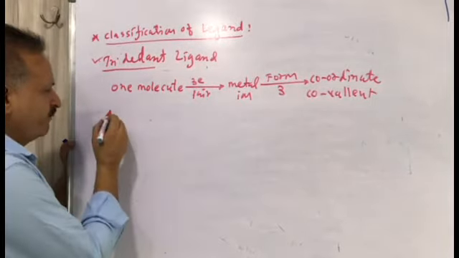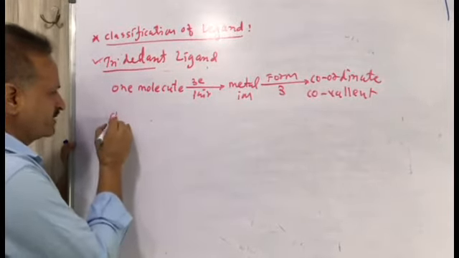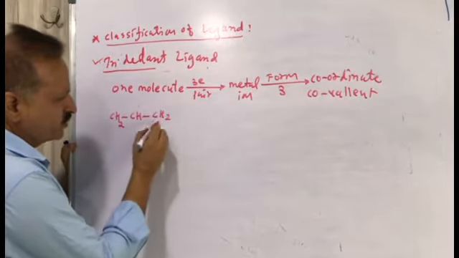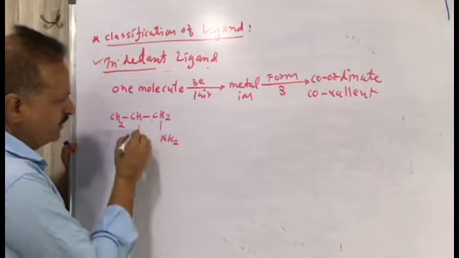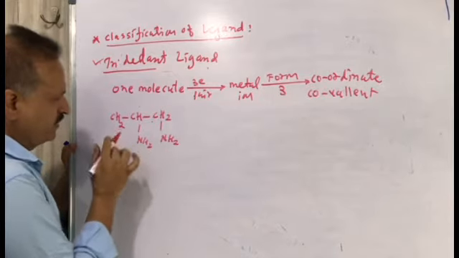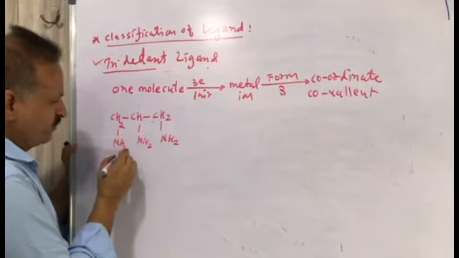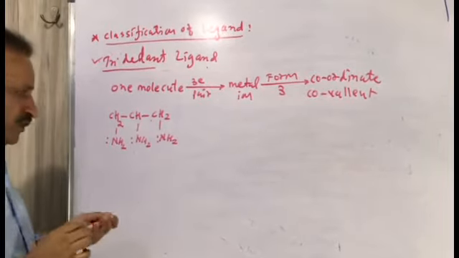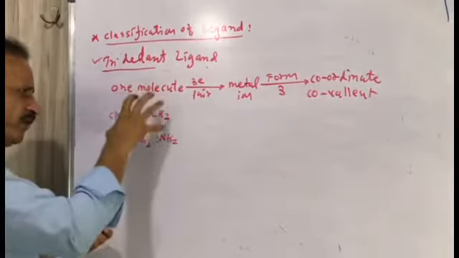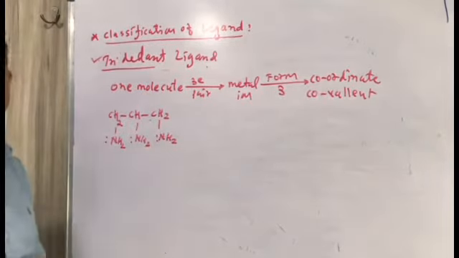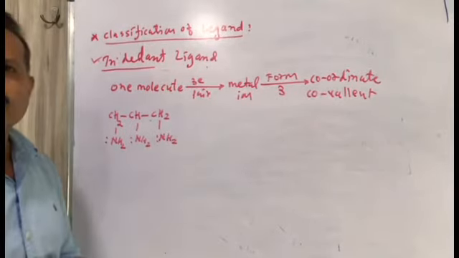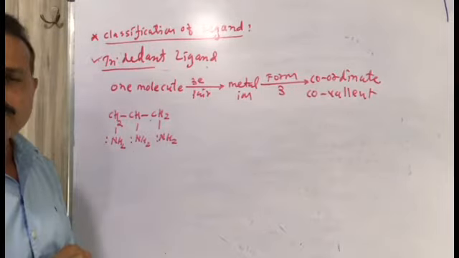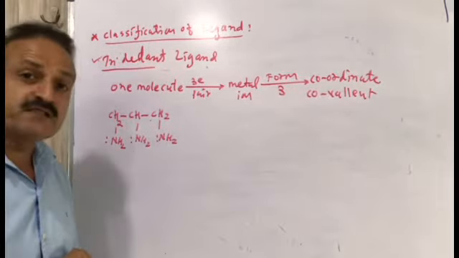Suppose we have propane 1,2,3-triamine, CH2, CH2, here is NH2, here is NH2, and here is NH2. 3 nitrogens are present in one molecule. So 3 nitrogens of one molecule will donate 3 electron pairs and form 3 covalent bonds by one molecule. Then it is a tridentate ligand.